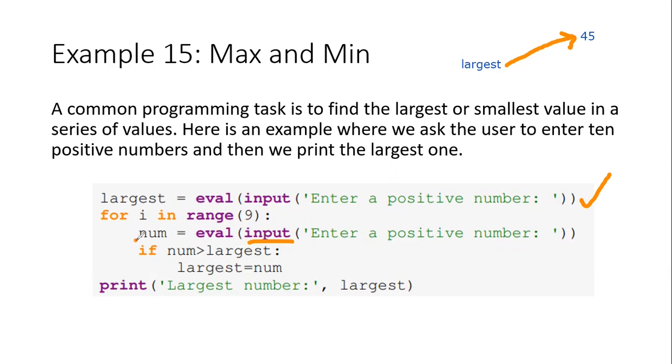The second number is saved as num. Let's say you enter another number, 87. Then we create another variable num that is equal to which one? That is equal to 87.